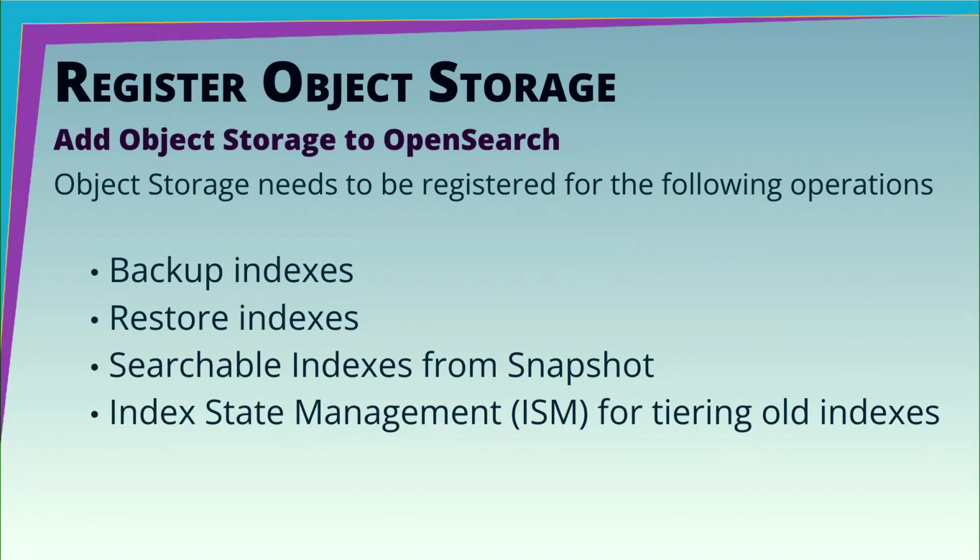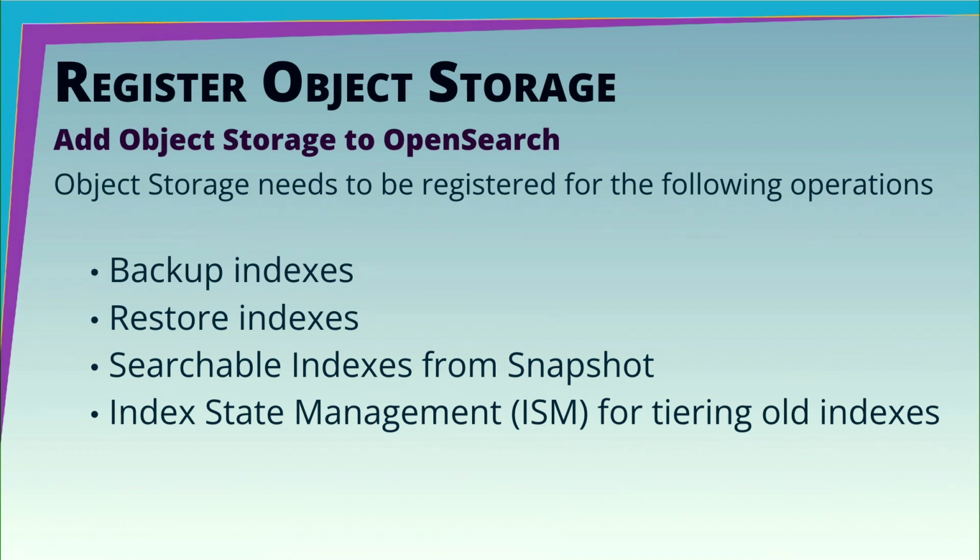So why do we need to register the object store? For a couple of reasons. In order to perform some of the operations in OpenSearch, such as backing up indices, restoring, and searchable snapshots, and we'll go through each of these in detail, but also index state management, which you might also think of as lifecycle management of the data.